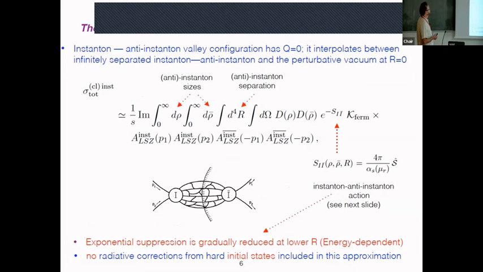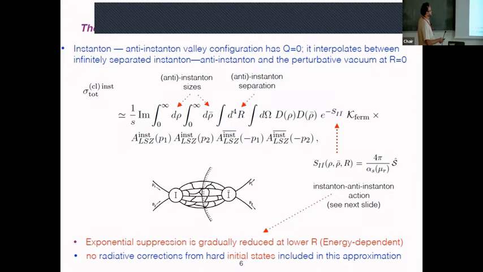So basically, we come back to the path integral interpretation of it. We say that the total cross section now is 1 over S times the imaginary part of the Minkowski space continued Euclidean Green's functions, LSZ amputated, and now it has two instanton gauge configurations in the initial state, and two instanton gauge configurations in the final state.